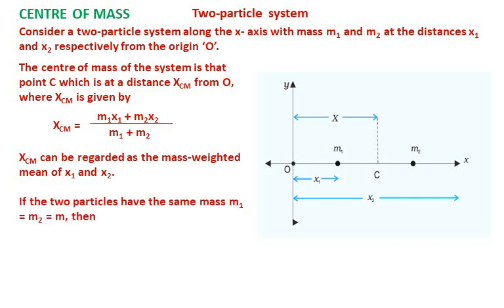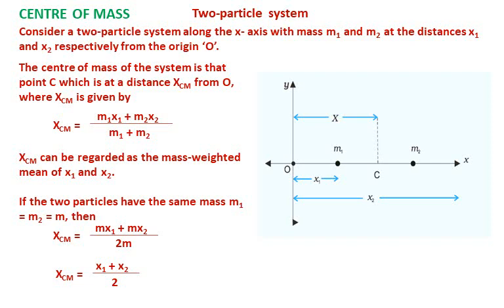And if the two particles have the same masses, m1 = m2 = m, then x_cm will be equal to (x1 + x2)/2, meaning it will be located at the midpoint of the two masses.